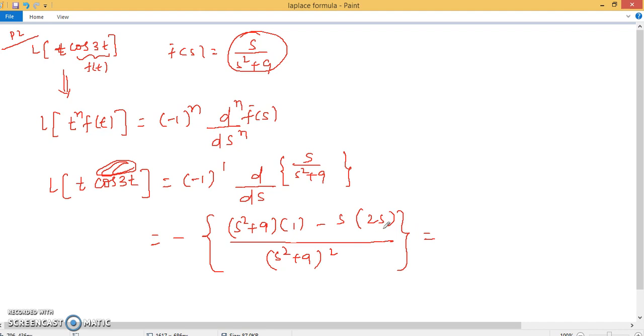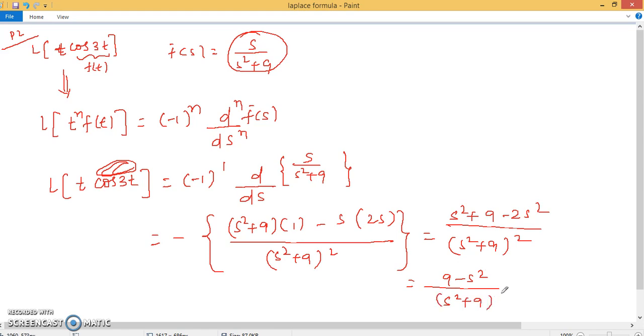Further you can simplify: s square plus 9 minus 2s square by s square plus 9 whole square, and you can write it as 9 minus s square divided by s square plus 9 whole square. So this is your Laplace transform of t into cos of 3t.